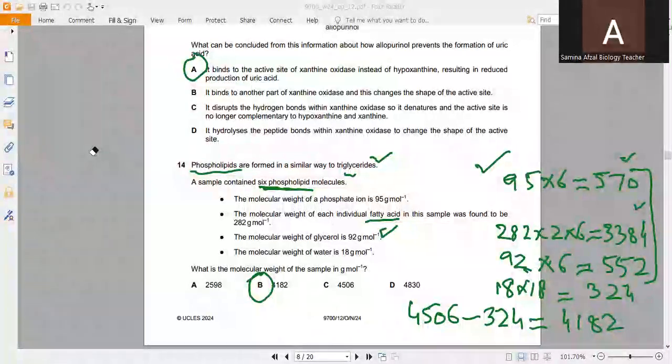And there are 18 ester bonds, so 6 molecules will form 324. So the answer is 4182.